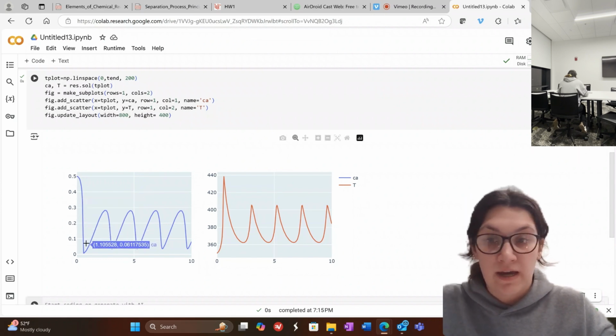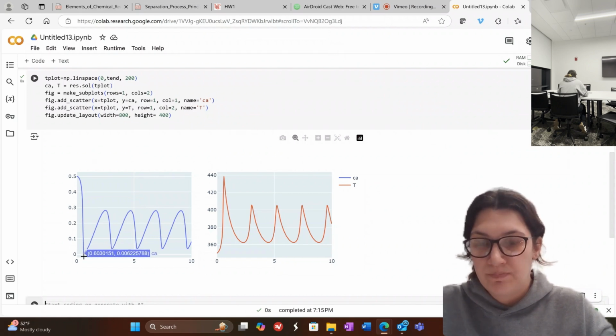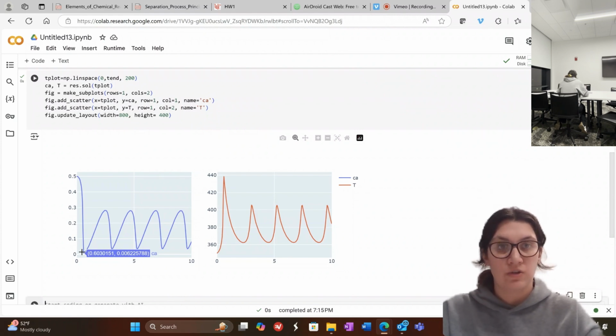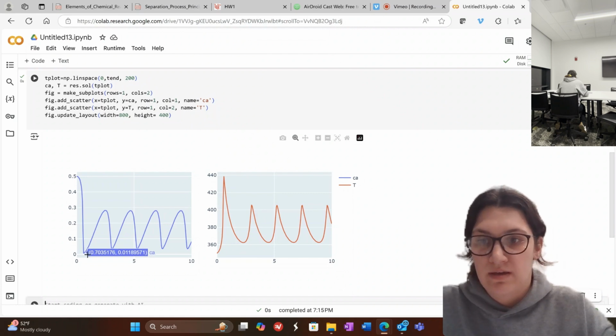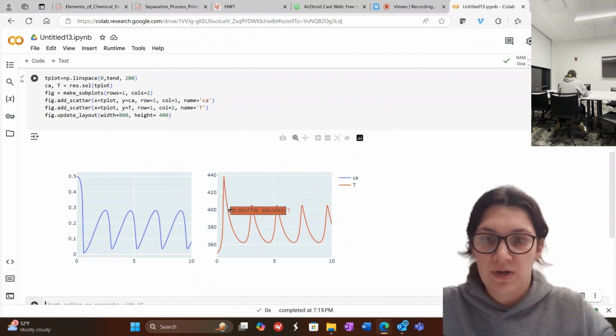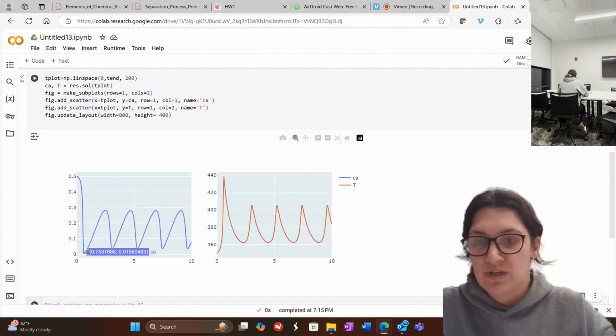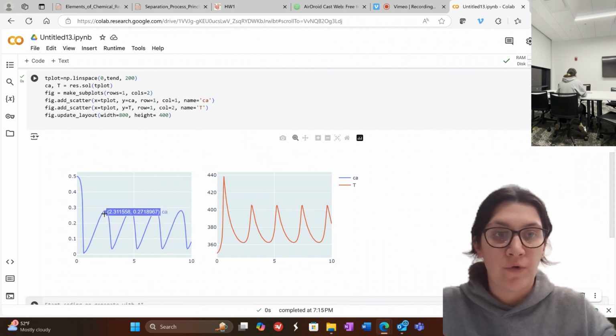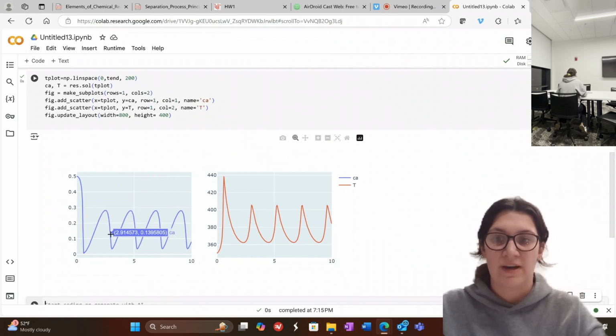Eventually, the amount of reactant goes down to near 0, which causes the rate of reaction to decrease, which then means that the temperature decreases, and as the temperature decreases, the concentration increases and goes back up, and the whole cycle starts all over again, which is why we see these oscillations of going up and down and up and down.